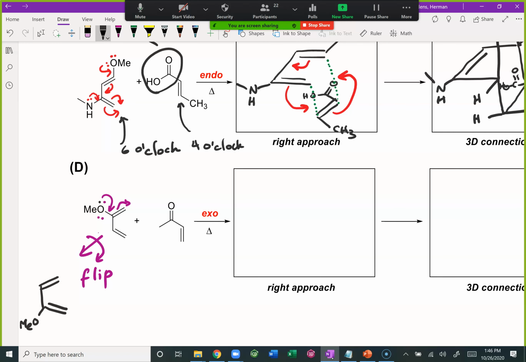And also, my problem is an exo problem. It's asking me to do the exo, so I'm going to have to put that group to the right. Okay? So I'm going to go and get my box ready. This is the model, and if you follow this model, it'll always work. I guarantee you.